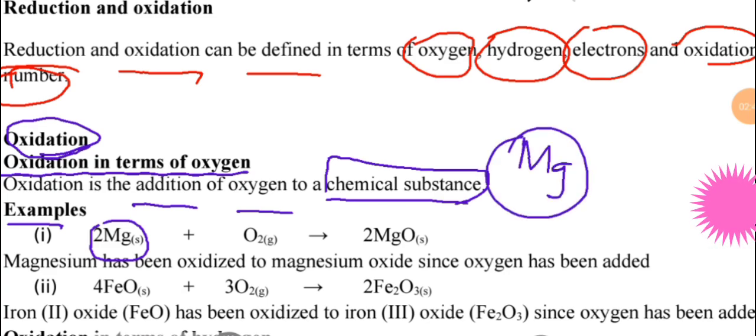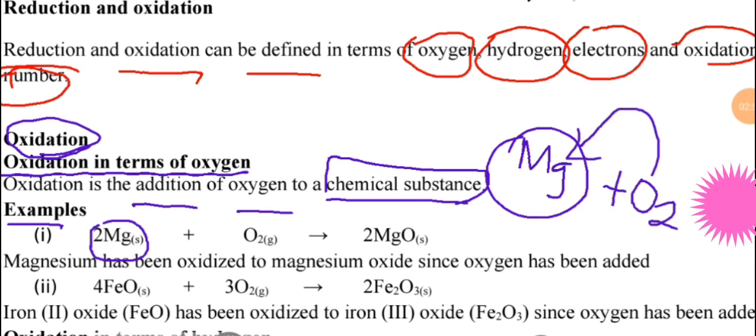Now when we add oxygen to this chemical substance to form magnesium oxide, we say oxygen has been added to a chemical substance. Since we are adding oxygen, we call that oxidation. So, in explanation, magnesium has been oxidized to magnesium oxide since oxygen has been added. That is very simple.